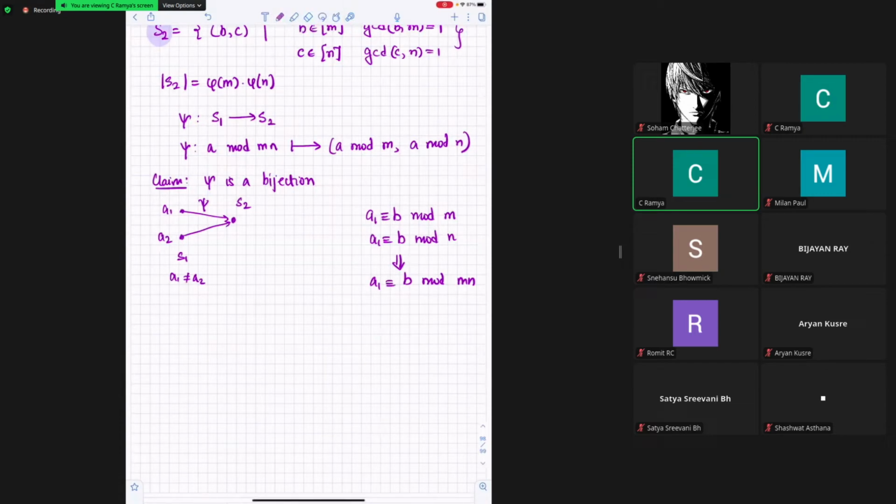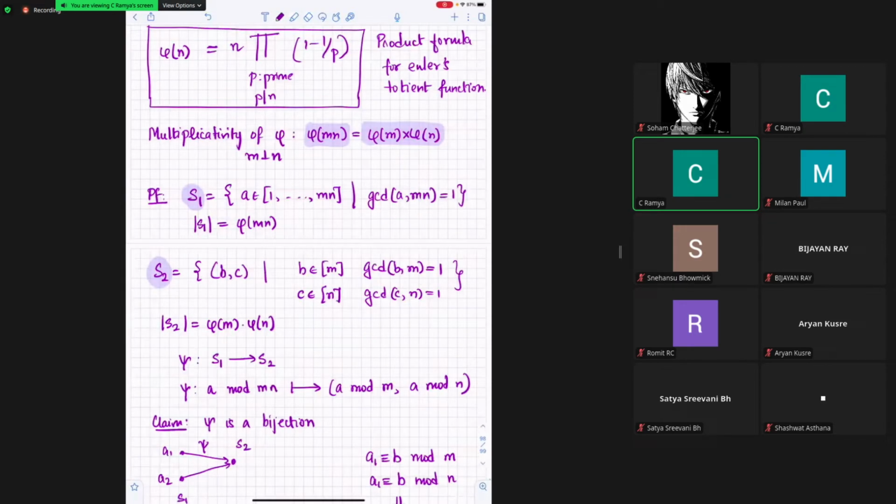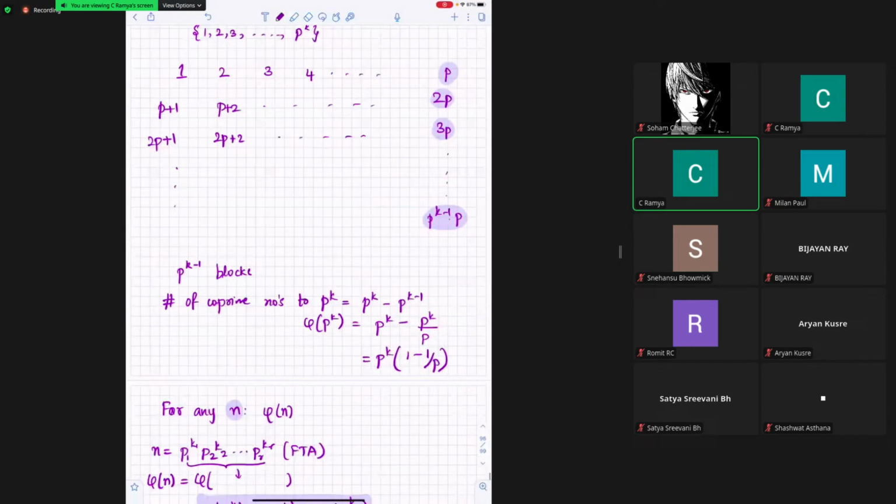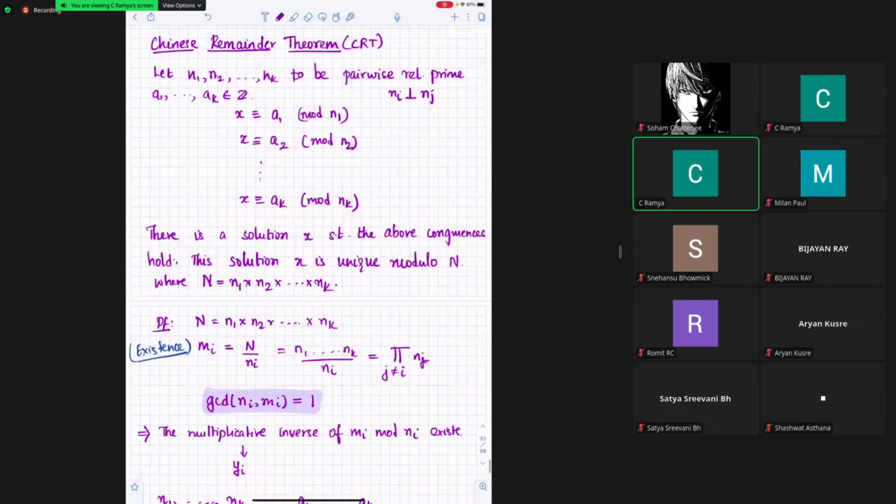Okay. So what the Chinese remainder theorem tells us can actually be stated in a slightly different way. A nice way to see this is in any congruence, you can flip these two. So x when you divide by n1 leaves a1, or the other way around is also true.